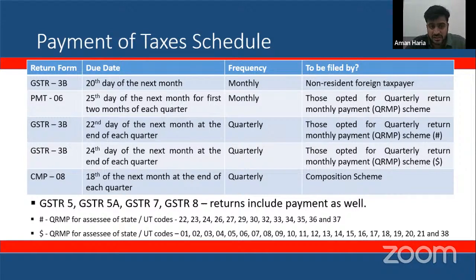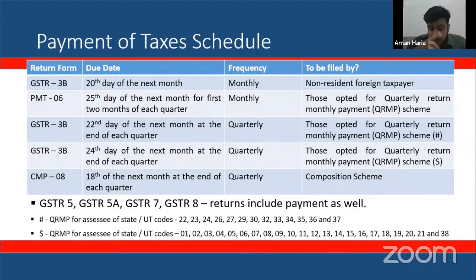However, once the quarter ends, they are expected to file a quarterly GSTR 3B return, and that will be filed on 22nd day of the next month after the quarter. And 22nd will be the due date for all the states which are in the lower half of India.